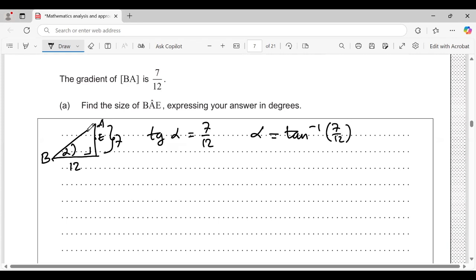Well, but we will find this angle, BAE. So angle BAE equals arctangent, or tangent to the power minus 1, of 12 over 7. And if you calculate, the result is 59.74. We may round off, it becomes 60 degrees.